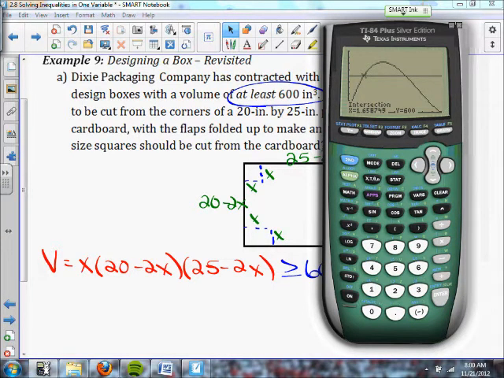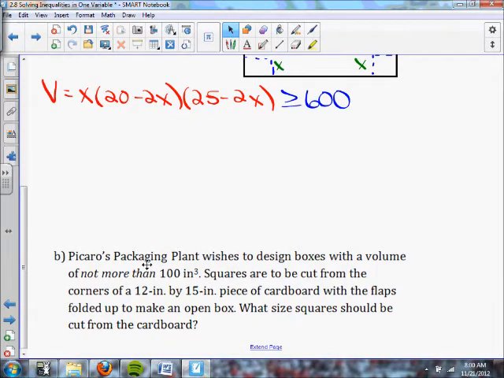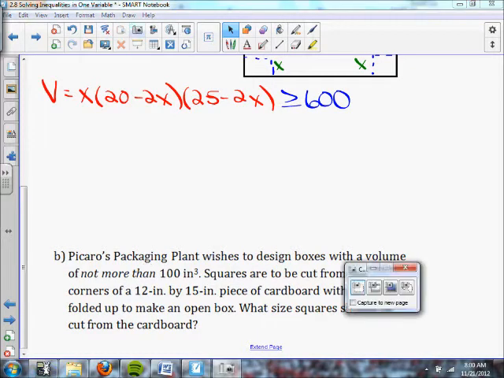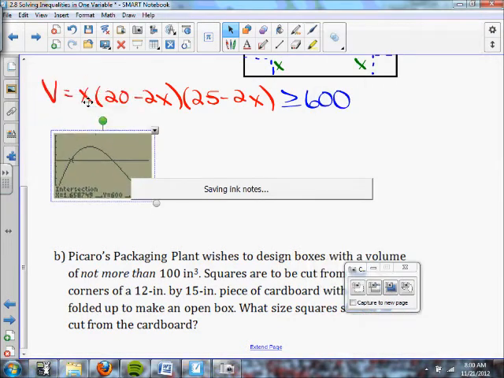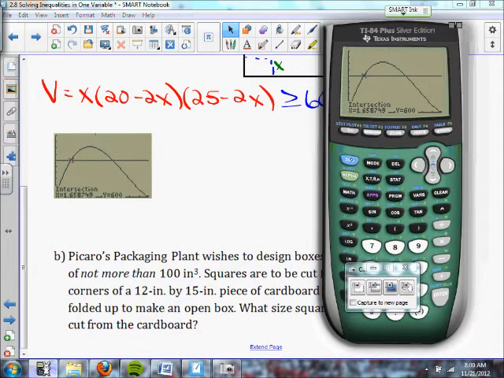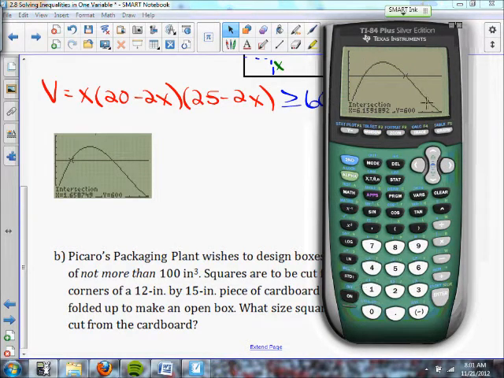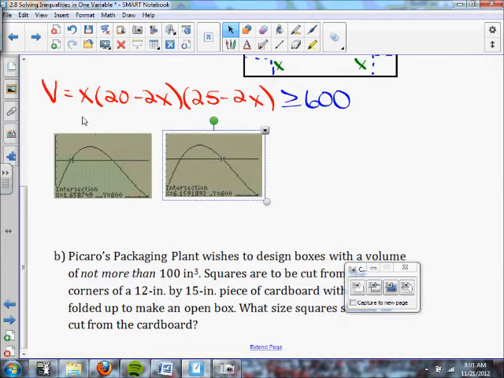Intersection at 1.66 inches. Let me take a picture of it. There's one intersection. Let's find the other intersection. All right.